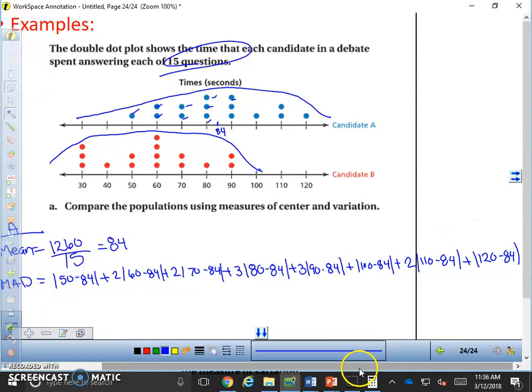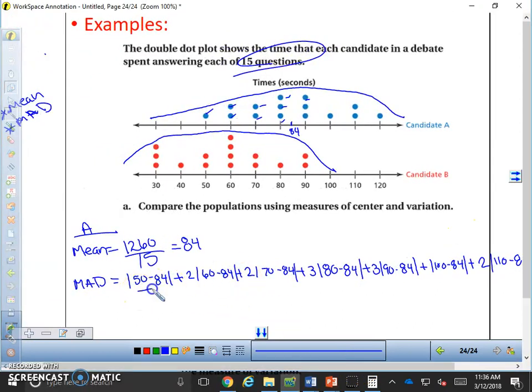Okay, if you can do that distance in your head, you don't have to do this work. The last thing we're going to do is divide by how many questions there are, which is 15.